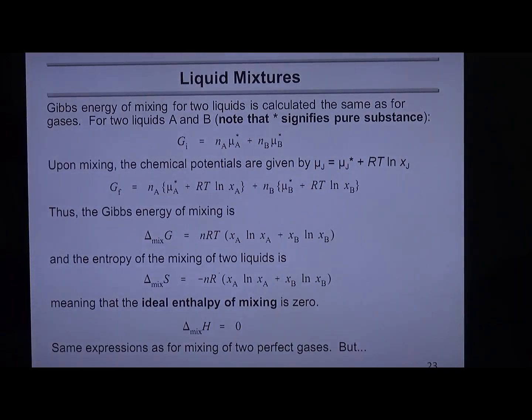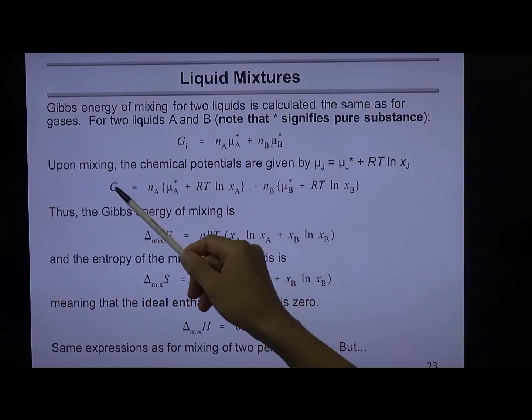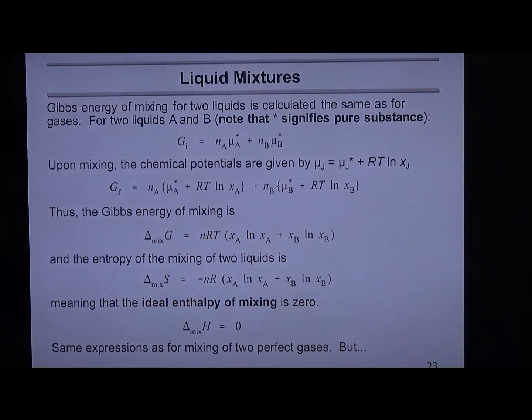We can use the same procedure to calculate it. We first calculate the initial Gibbs energy before mixing the two different liquids, and then after mixing. Here, we assume that the two different liquids form an ideal solution. We just assume it.